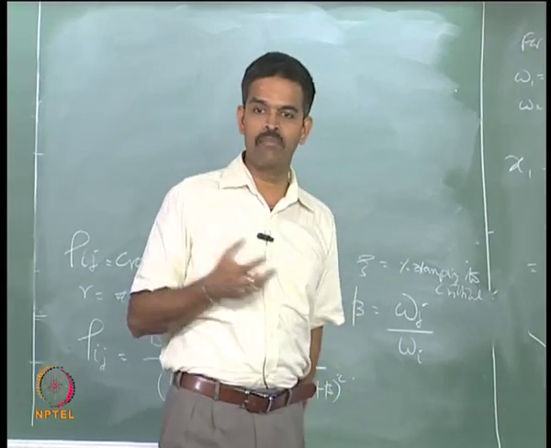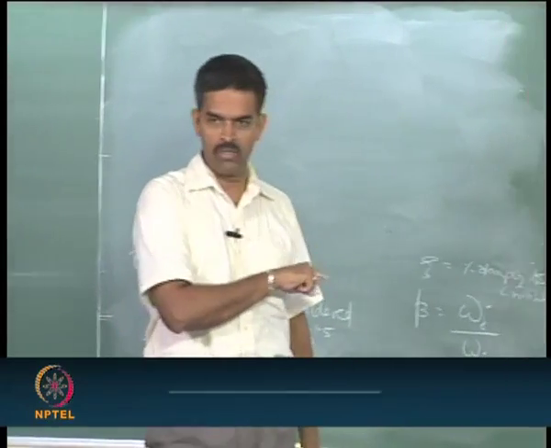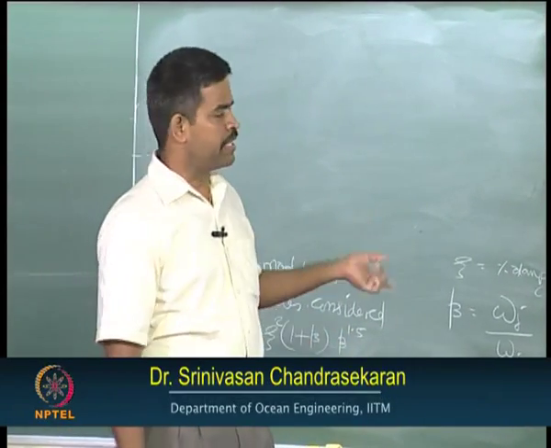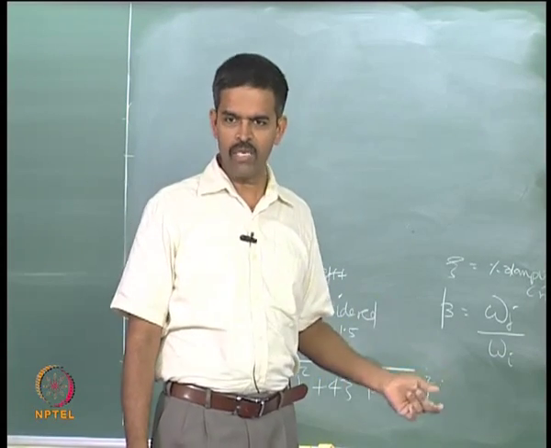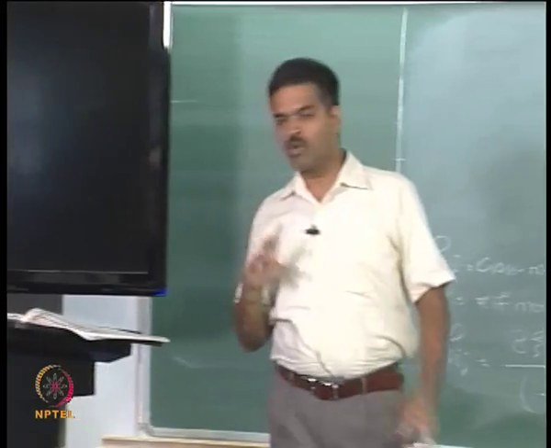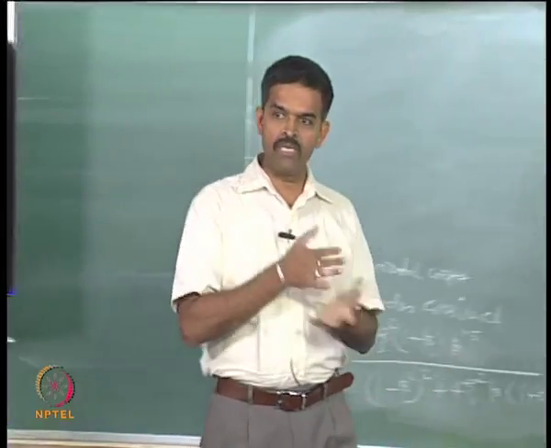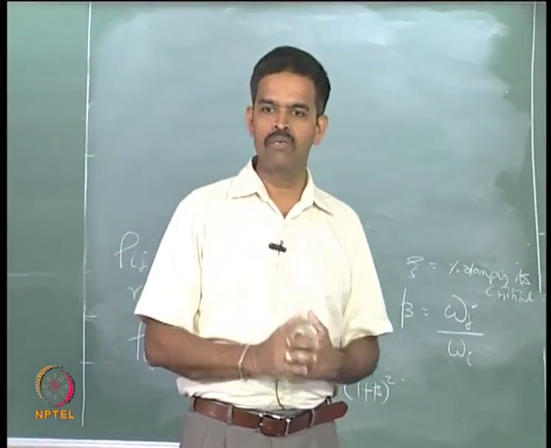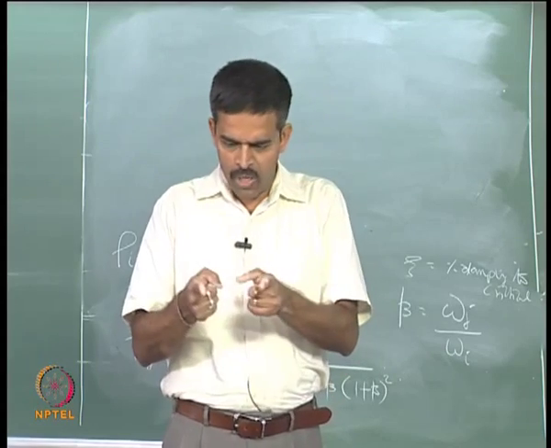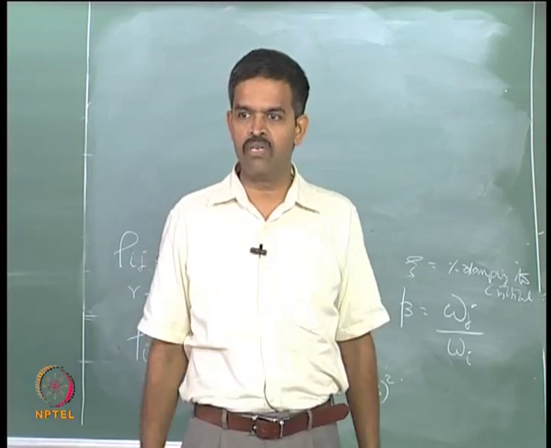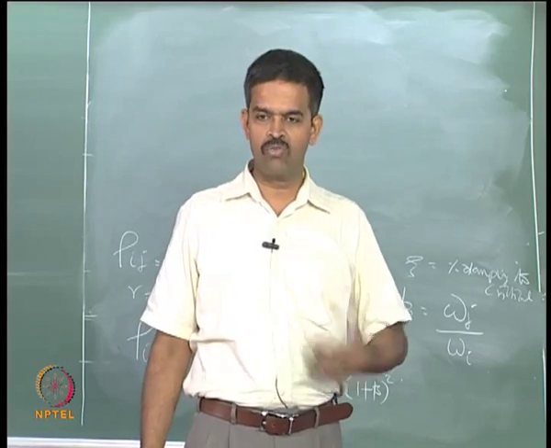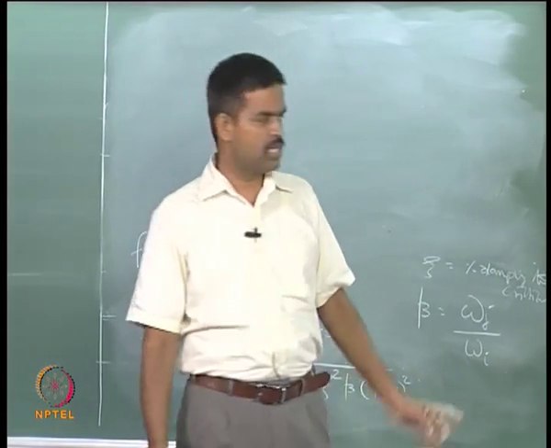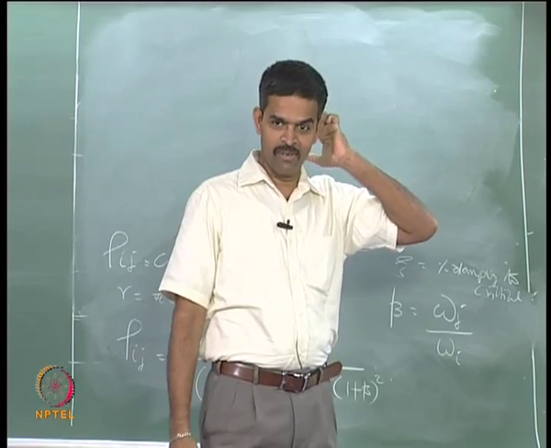Mathematically this can be proved. I will prove that tomorrow in the lecture, how the iterative scheme will land up in the lowest frequencies. Then we will discuss the Duhamel integral, and evaluating step functions. If I have a step loading, an impulse function that acts only for a very short duration, how do you do the analysis for this using a special kind of integral called the Duhamel integral? We will talk about that. I think there I will close tomorrow's lecture.